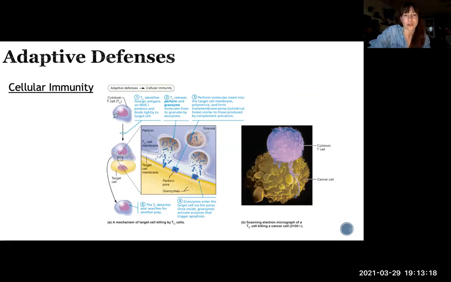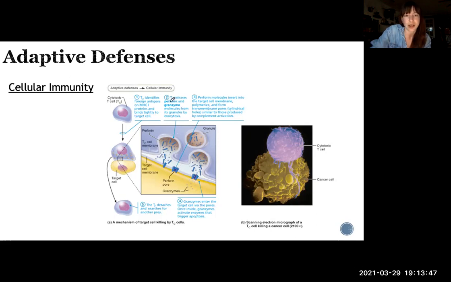These guys, your little cytotoxic T cells and your T helper cells indirectly, are going to be looking for cells that have been marked either by antibodies or by a lack of MHCs, right? That major histocompatibility complex.